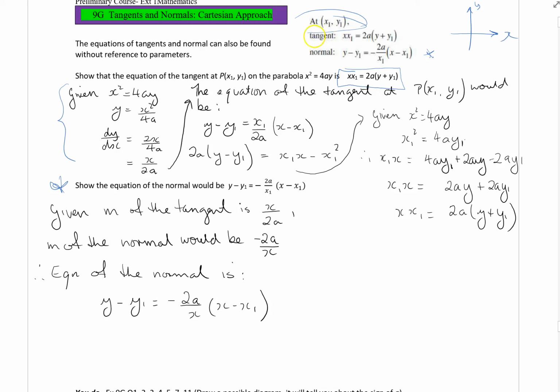We know that the gradient is equivalent to dy/dx. In this format, I can't find dy/dx. I have to make y the subject, so I divide both sides by 4a. I get y is equal to x squared over 4a.